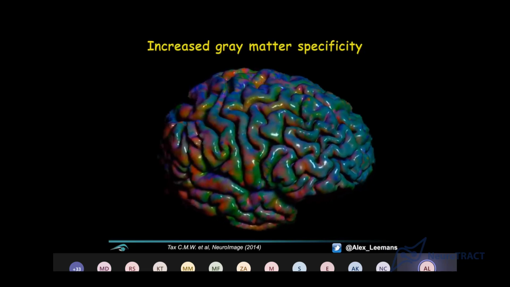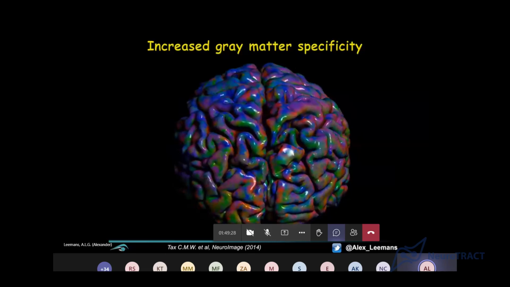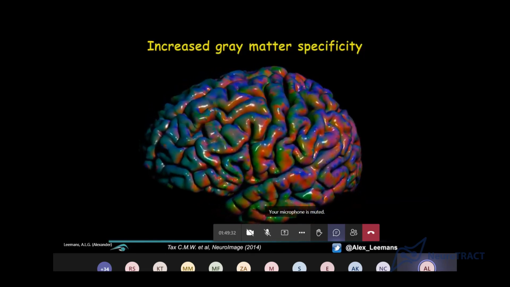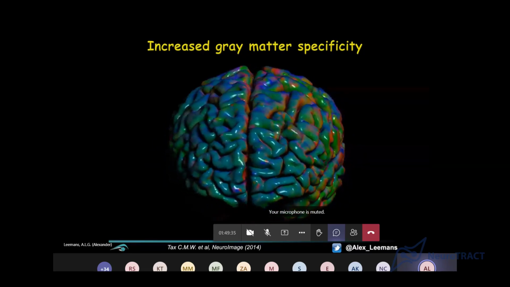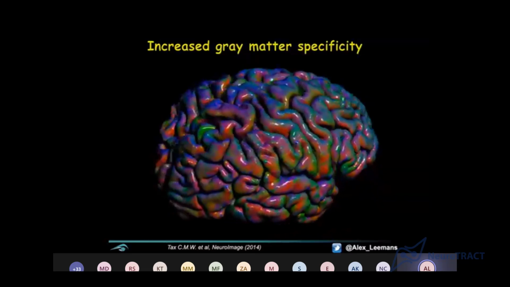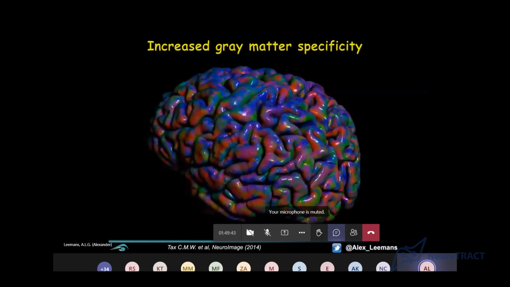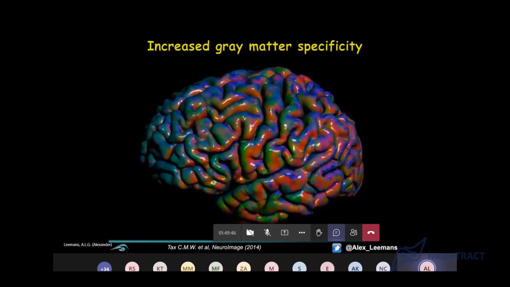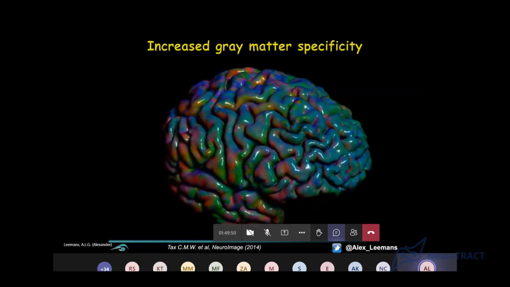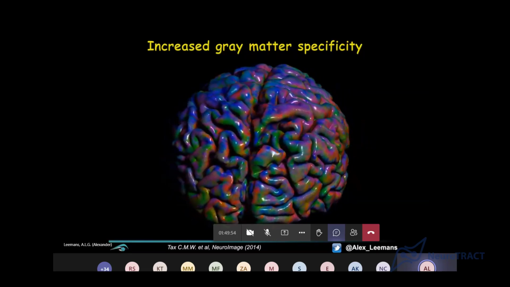And so on typical maps with a resolution of about 2 millimeter isotropic voxel size, it's difficult to capture the organization in the gray matter in, let's say, a reliable way. But nowadays, we can scan with a high resolution. There's something called a connectome scanner, which allows you to acquire data with a high resolution.